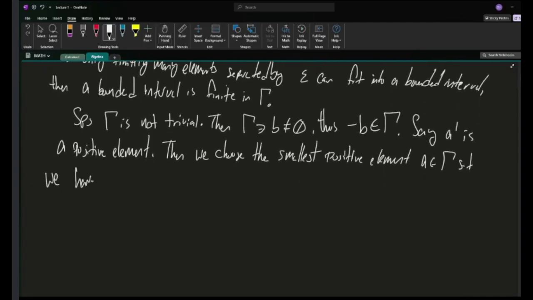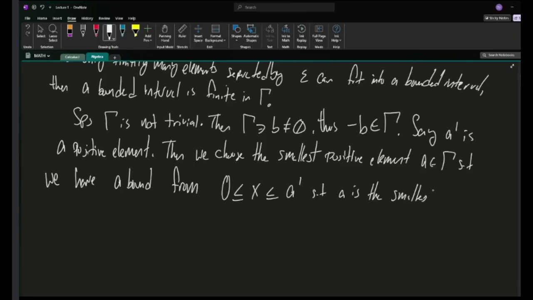We have a bound from 0 to a prime, such that a is the smallest element.